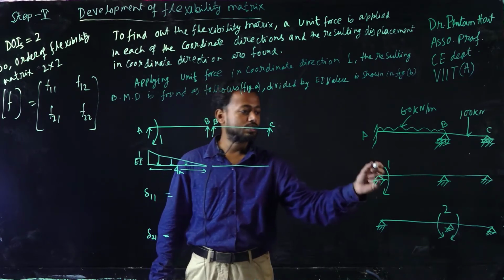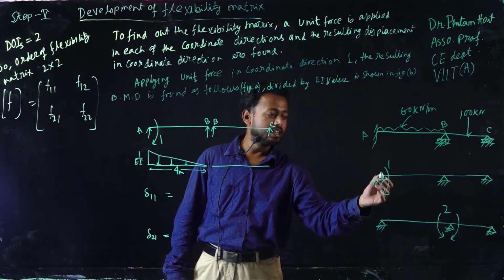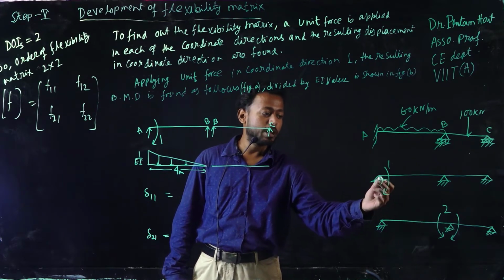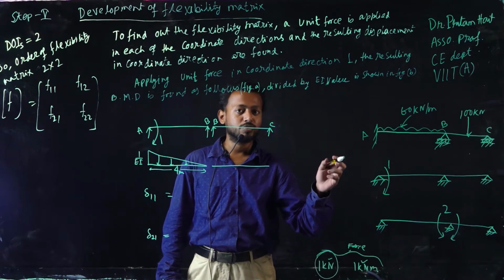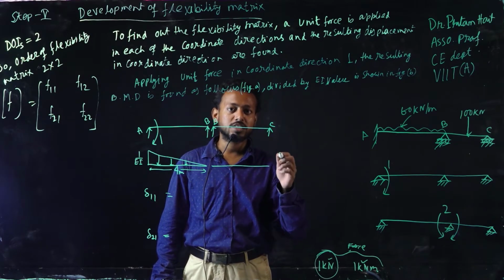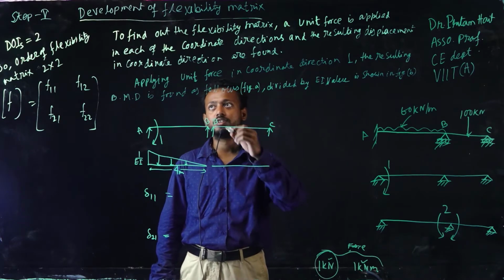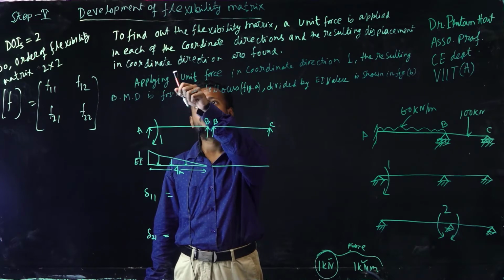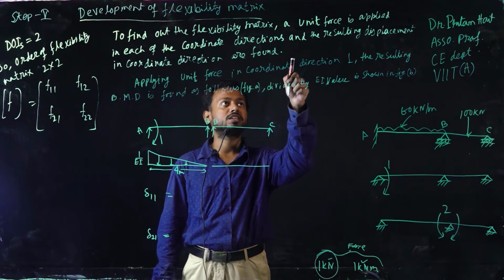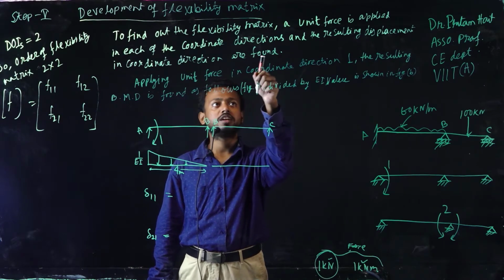This is one coordinate direction, this is two coordinate direction. So in each coordinate direction we will apply unit force, and we will observe what is the resultant reaction in each coordinate direction. So here I have written, to find out the flexibility matrix, a unit force is applied in each of the coordinate directions.